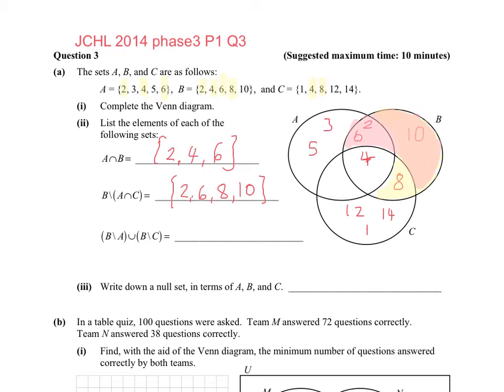So similar to the last one, we've actually got the elements 2, 6, 8 and 10 in these sections here. And you'll see it's the same as the previous answer.